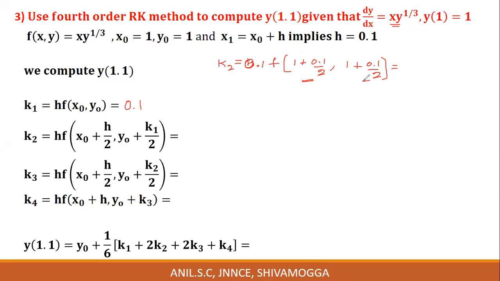Let's simplify these two components and then find K2. 0.1067, that must be correct. K2 is 0.1067.